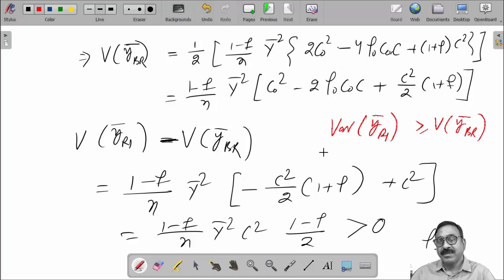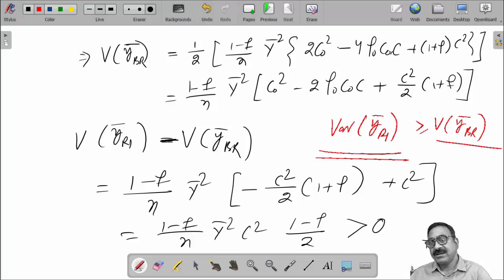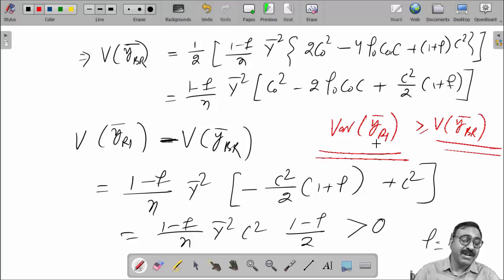That means the variance using a single auxiliary variable is always greater than the variance using two auxiliary variables, and they are the same when rho is equal to 1, that is, the study variable is perfectly positively correlated with both the auxiliary variables.